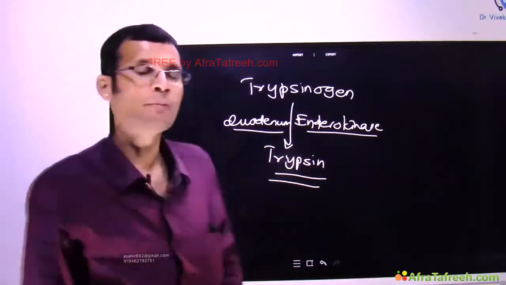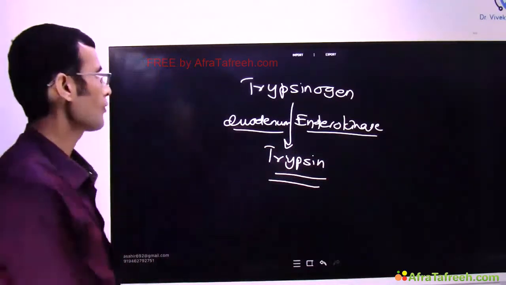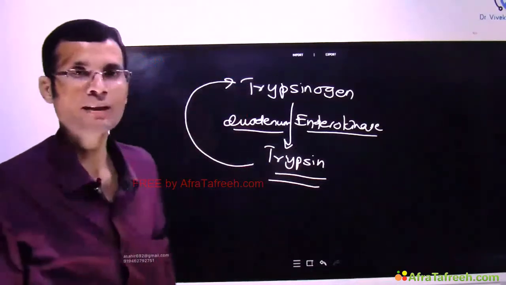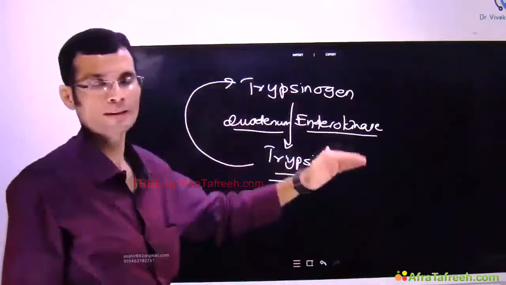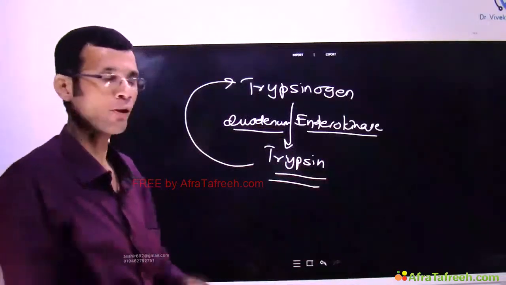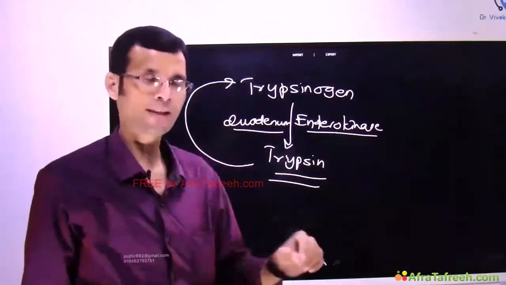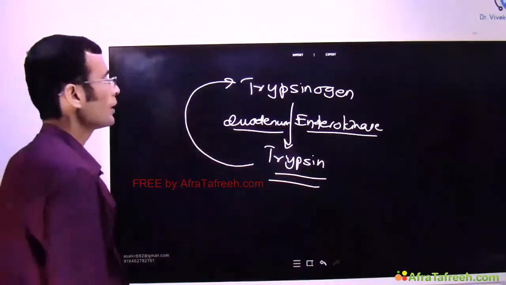Then there is autocatalytic conversion, where trypsin forms more and more trypsin from trypsinogen. And there is also a trypsin inhibitor which will finally stop the trypsin formation.